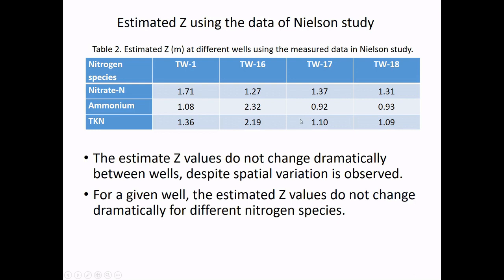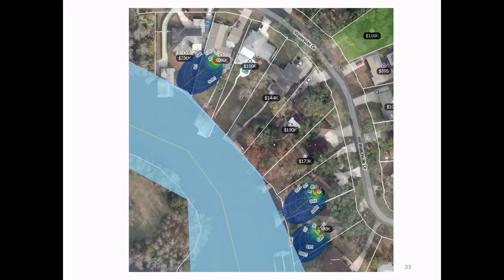You see there is variability. It could vary from less than 1 meter to more than 2 meters. But roughly speaking, it's about 1 meter or 1.5 meter. That gives us some idea. So we normally use 1 meter or 1.5 meter. We may do some adjustment later on.